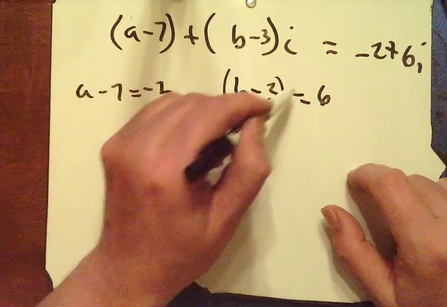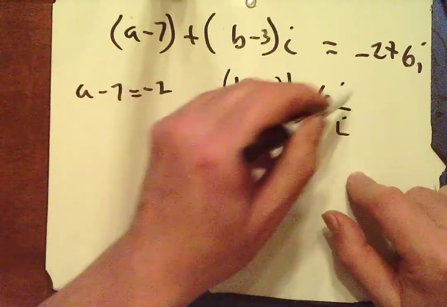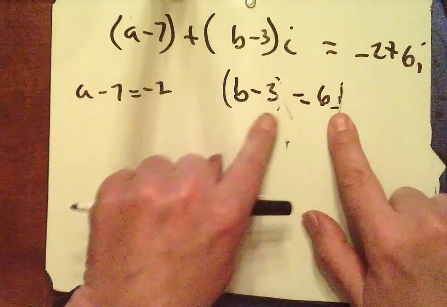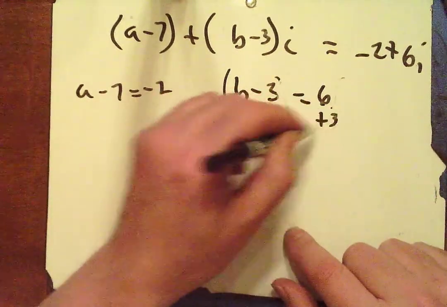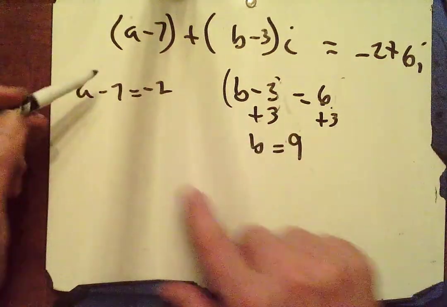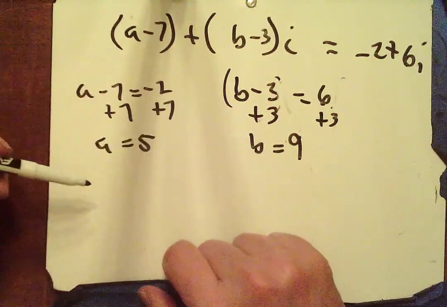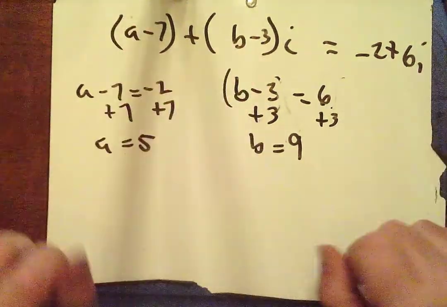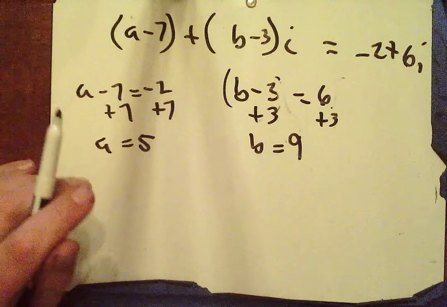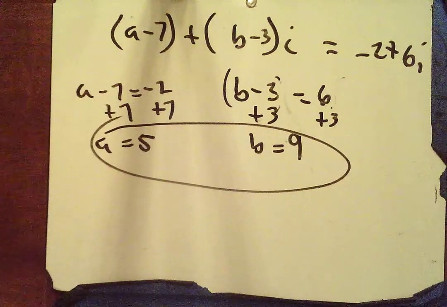If you want to have the i's, go ahead, but the first thing I'm going to do is divide by the i's. So I'm just looking at b minus 3 equals 6. So b has to equal 9. And here, I see that a has to equal 5. When a is 5 and b is 9, these things are equal, and therefore that statement is true. So that would be my answer to problem 16.